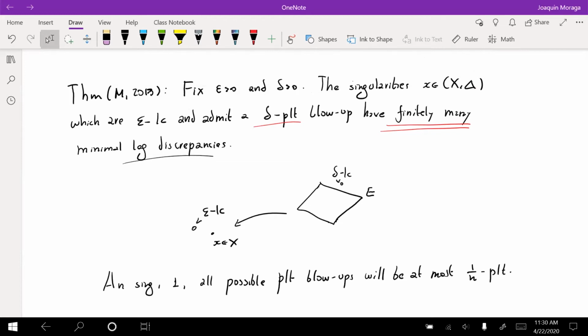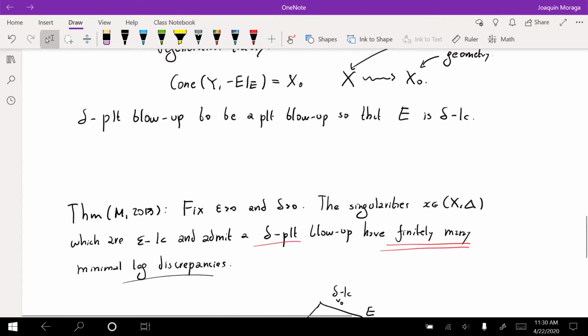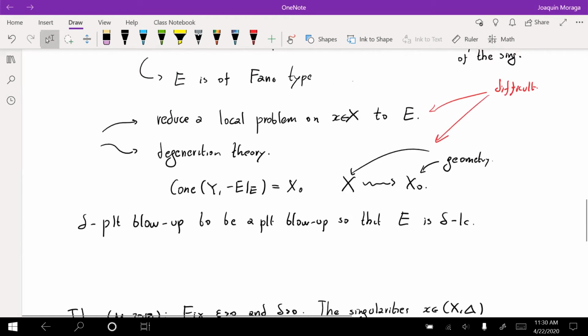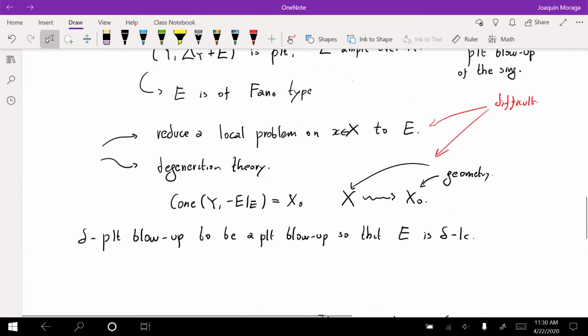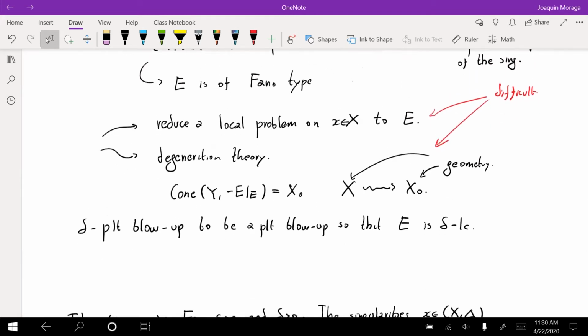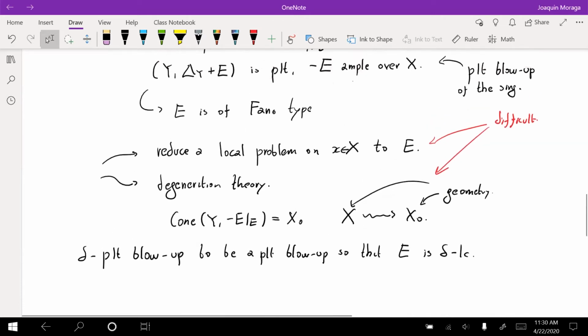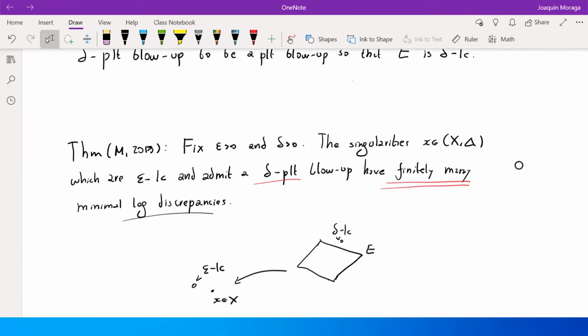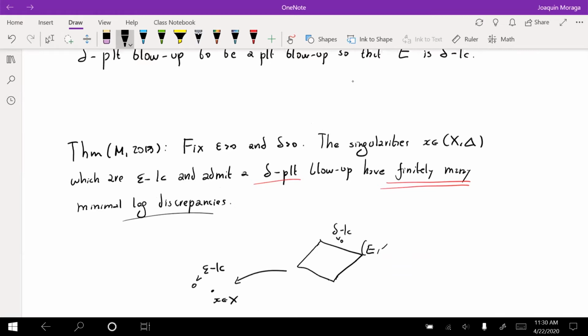Excuse me, again, in your definition above for delta log canonical, is it for E itself or E with its boundary? Sorry, actually, it is for the boundary one. So it must be the one that you obtain by adjunction.